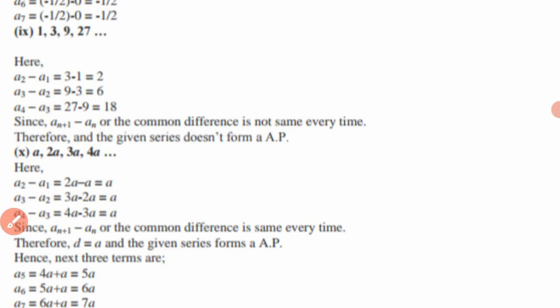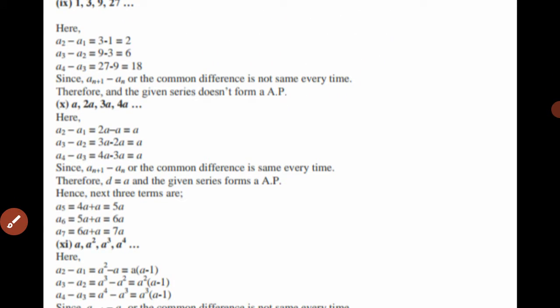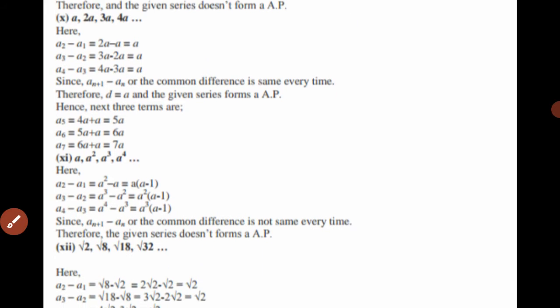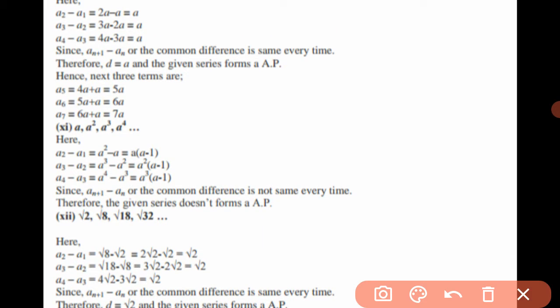In the 10th part the common difference is the same, that is a. If the common difference is a, then a5 will be 5a, a6 will be 6a and a7 will be 7a. Similarly in the 11th part the common difference is not the same, therefore it does not form an AP.